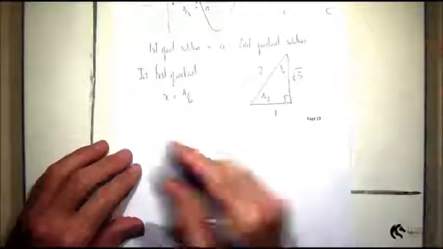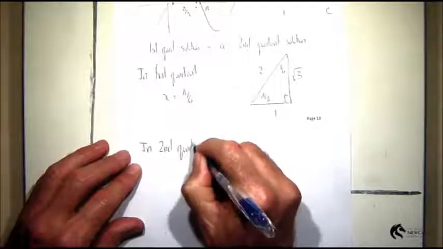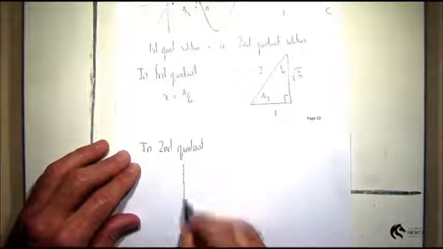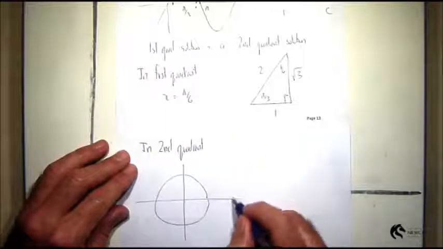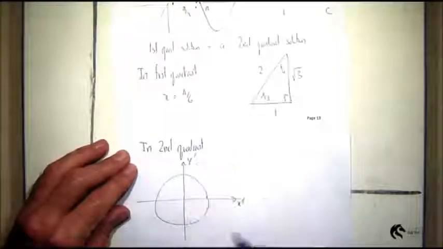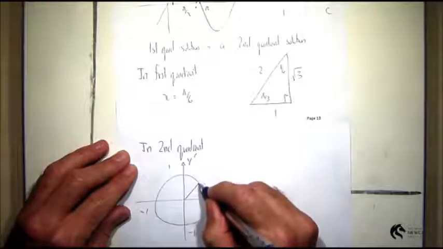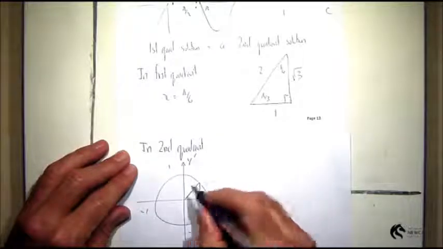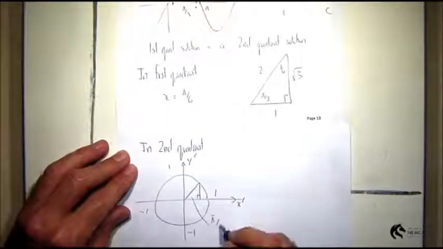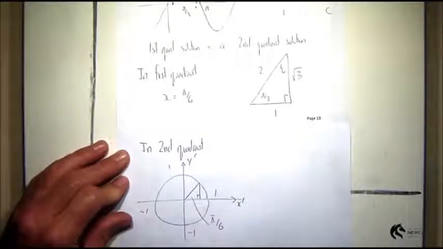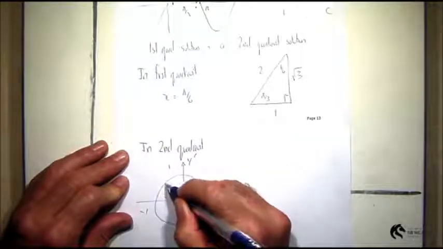So in the second quadrant, and again I'll do it via the unit circle. So let me call that x dash and y dash, and it's the unit circle. So here's my first quadrant triangle. That angle in there is pi on 6. So I want a triangle in the second quadrant equivalent to that. And so if I come across, here is the triangle that's congruent to that.